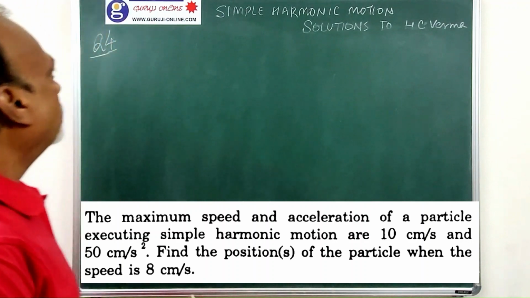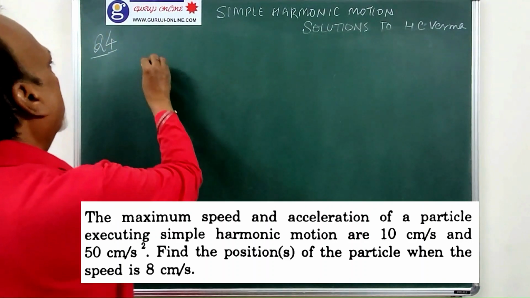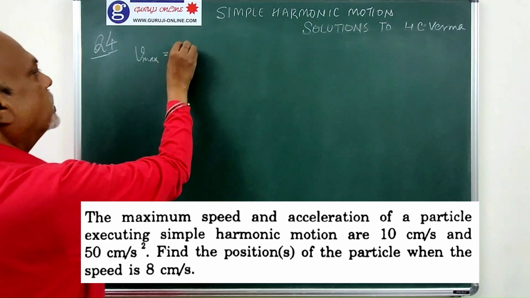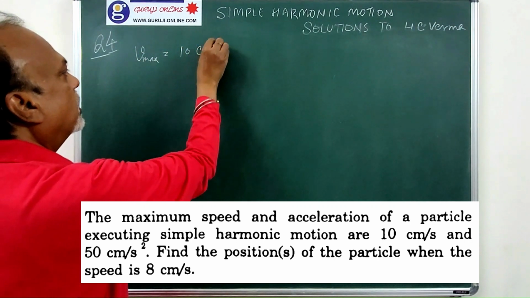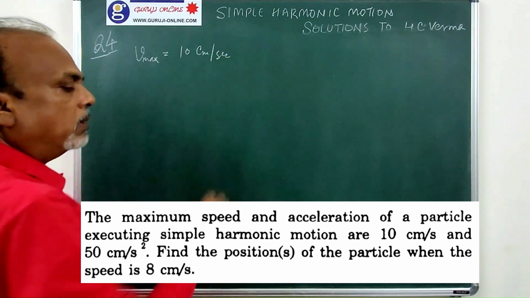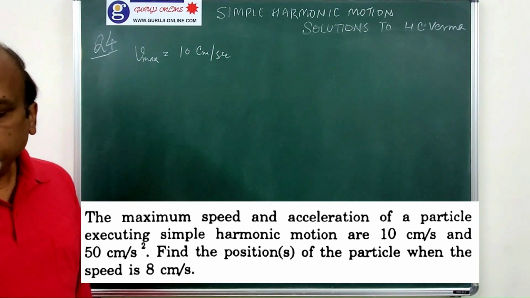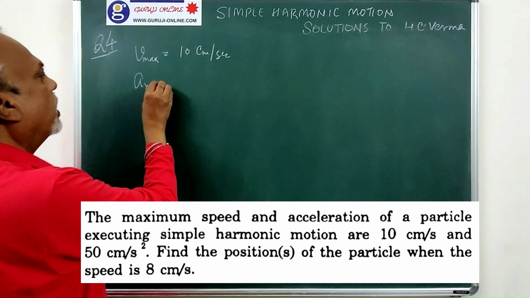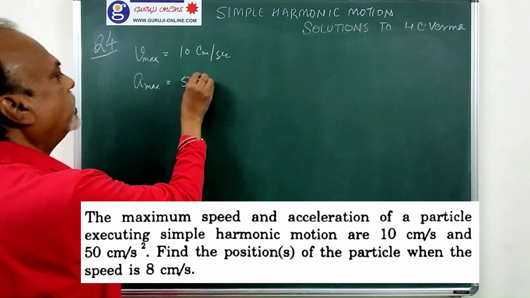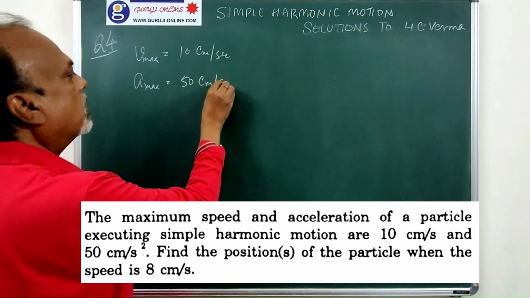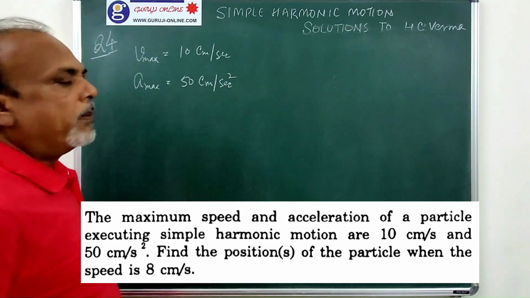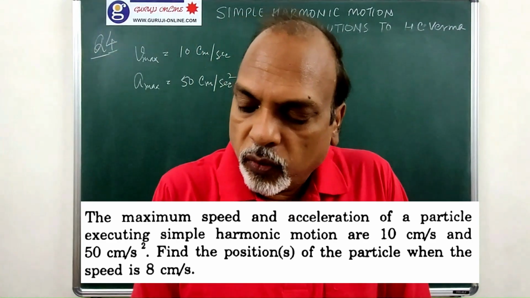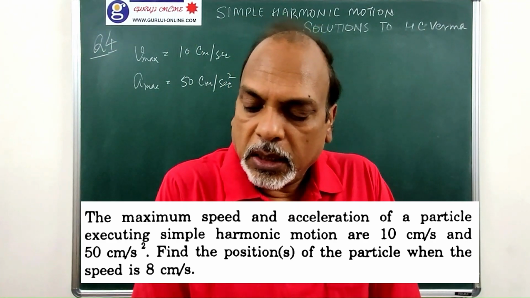So here what we are given, maximum speed is given, that is 10 centimeter per second, and acceleration is given 50 centimeter per second square. Correct? So in this question, what is being asked?